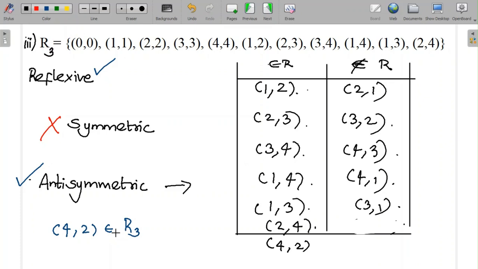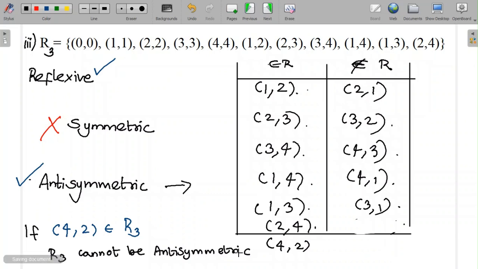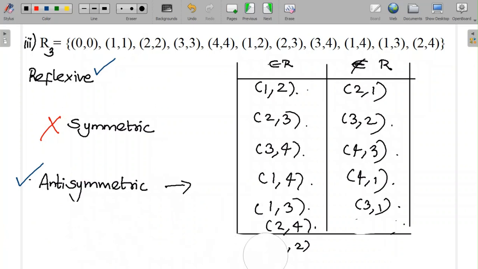So if this pair is included, then R3 cannot be anti-symmetric. Just because it is not symmetric doesn't mean that it is by default anti-symmetric. The two conditions are different. That's why we use the word anti, and that has a significant meaning there. This is not the case, I'm erasing this. So in this case, we see that it is definitely anti-symmetric because 4, 2 was in fact absent.